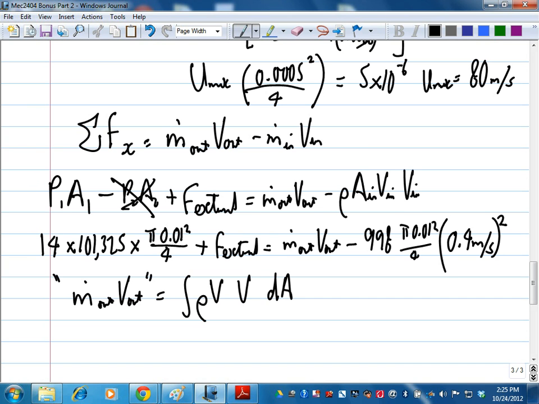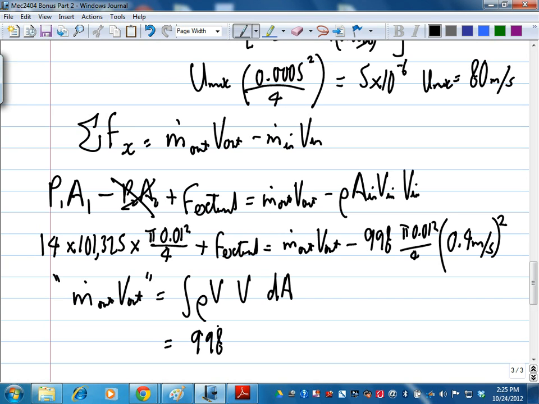Basically, this integral, because not every piece of fluid leaves at the same velocity, and because it leaves at different velocities, it carries with it also different amounts of momentum. And this one captures that. Slow moving fluid carries out less momentum with it. Fast moving fluid carries out more momentum. So in this case rho is 998.